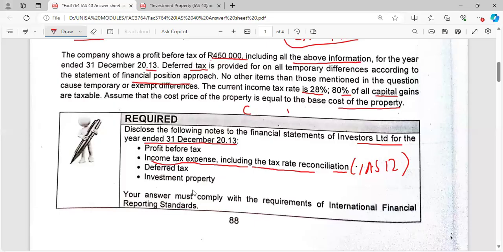It means we have those two major components of tax: deferred tax and current tax. You combine them, then they will give us the income tax expense for that particular year. Then deferred tax is what we will have calculated there.